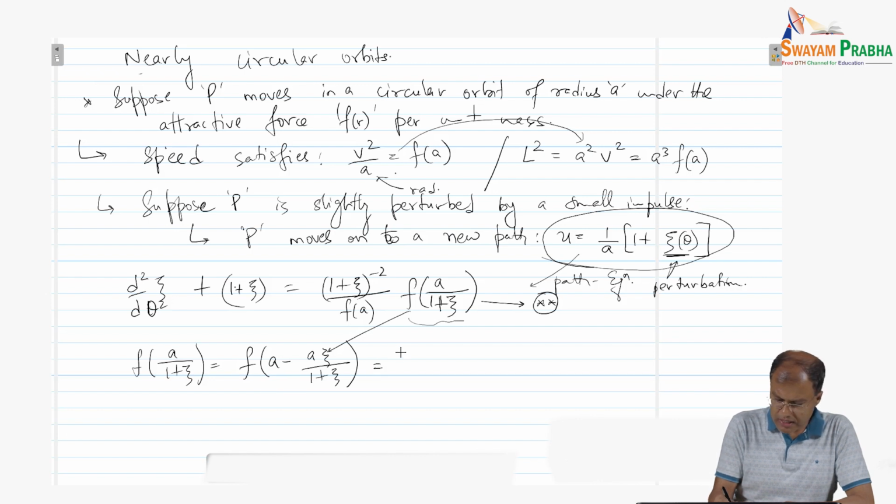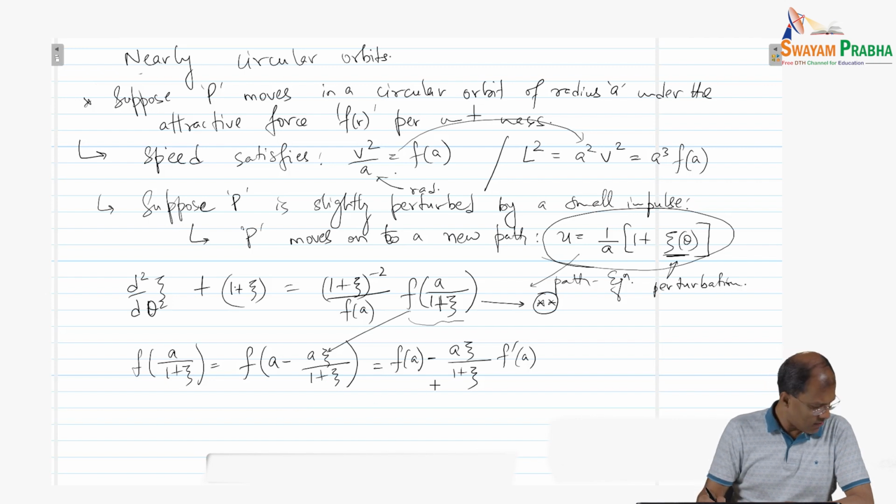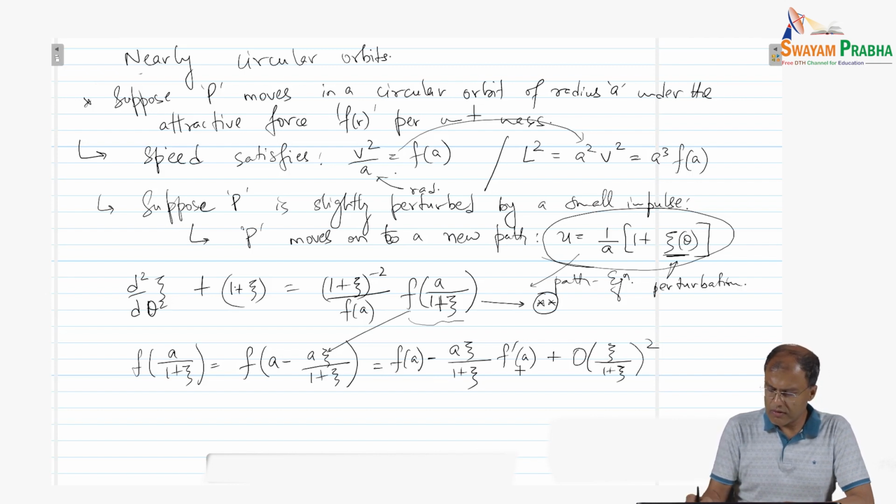So this is f of a minus a zeta over 1 plus zeta times f prime of a plus higher order terms. The higher order terms could be zeta by 1 plus zeta squared. So these are the higher order perturbative terms.